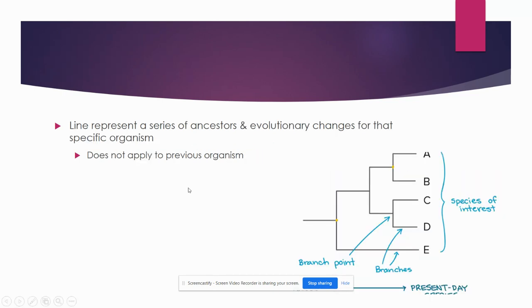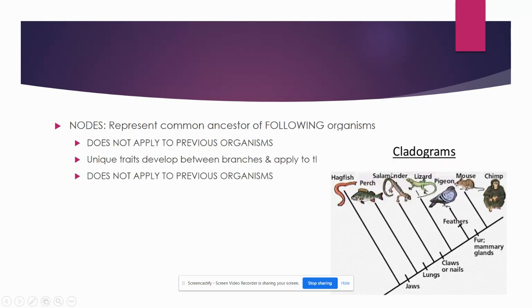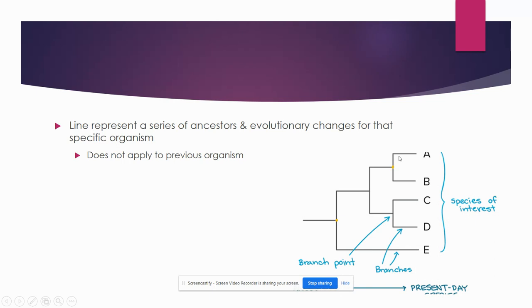Next up, this is another way. This is considered to be a phylogenetic tree, where this is a cladogram, this is a phylogenetic tree. You read them the same way, they're just laid out differently. So the lines are representing a series of ancestors and evolutionary changes for specific organisms. What I mean by that, let's say organism B right here.